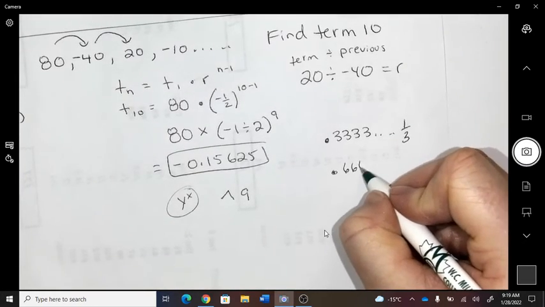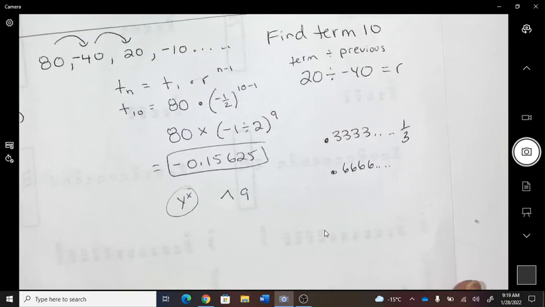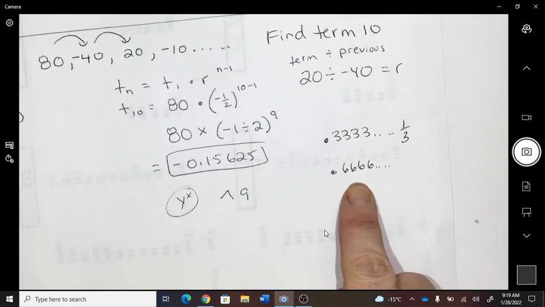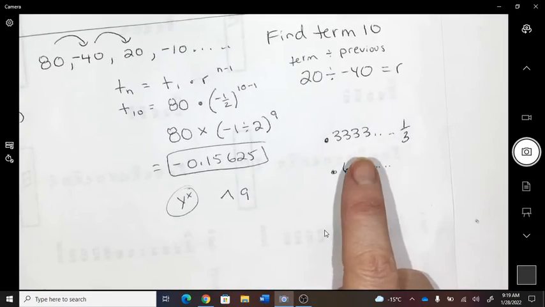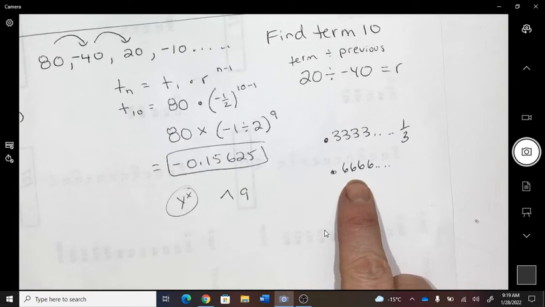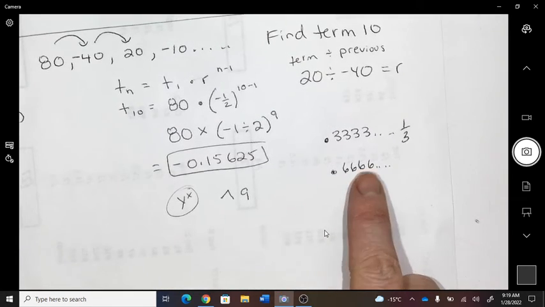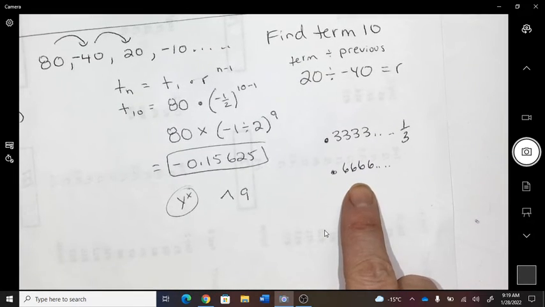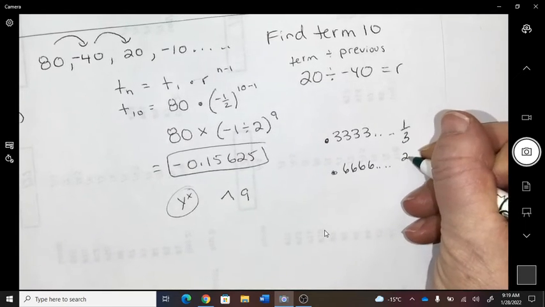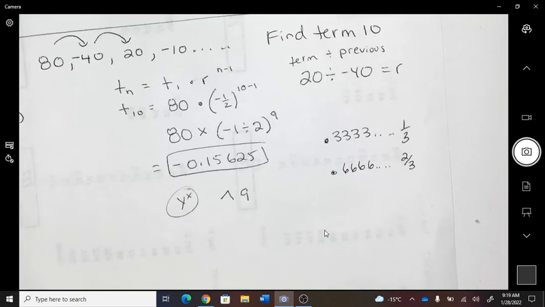And also, if you ever see this in your calculator, I don't want you to be using decimals because it's going to throw off your answer. What is this as a fraction? Do you recognize that as a fraction? 2/3. Okay?